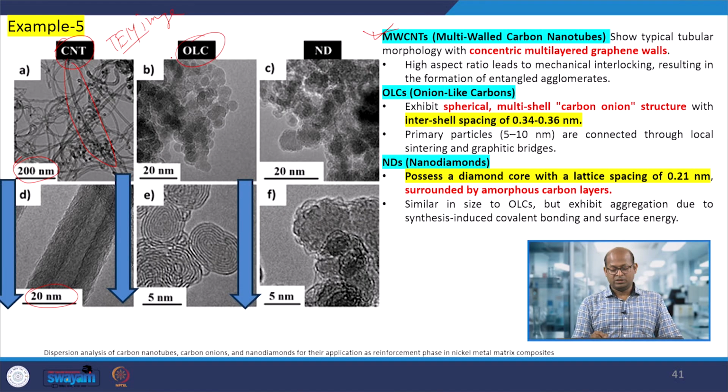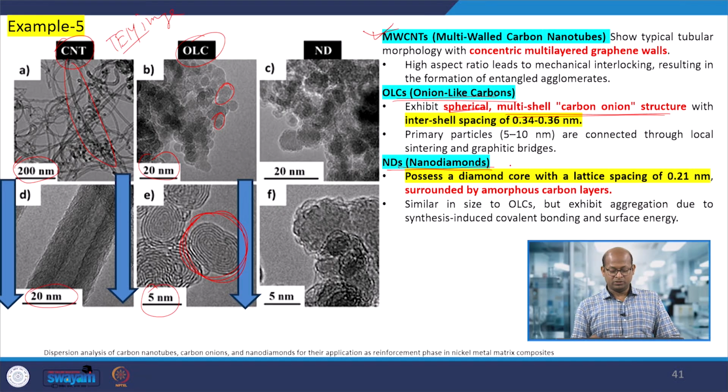Similarly, OLC, the onion-like carbon structure: once we get these carbon spherical nanomaterials, you can see spherical type materials. When enlarged to 20 nanometers and then 5 nanometers, you can easily see the onion-like structures at higher magnification.